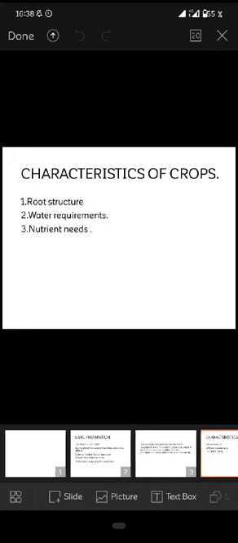Are we together, class? Yes, we are together. Can someone remind us the characteristics? We've talked about one of the characteristics. Root structure. Yes, root structure. Very good. That is a very paramount point. What is the other characteristic?